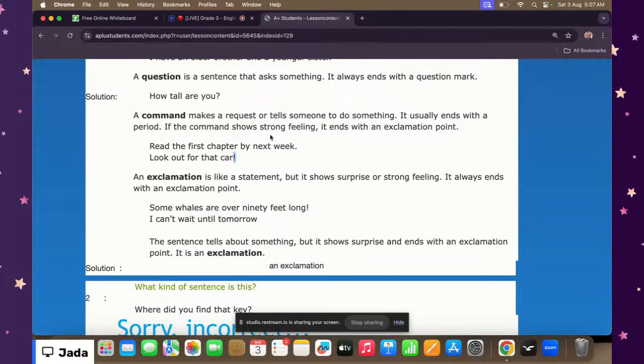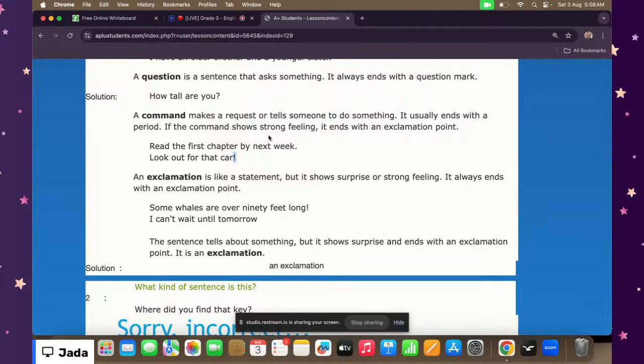So, a command is making a request. When you said face reveal again, it could be like you're making a request. You have to end that with a period because you are making a request. When you make a request, you tell someone to do something. Usually if it shows strong feeling, you put an exclamation point.